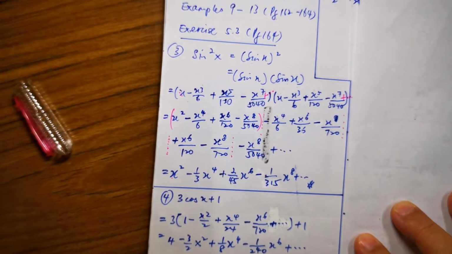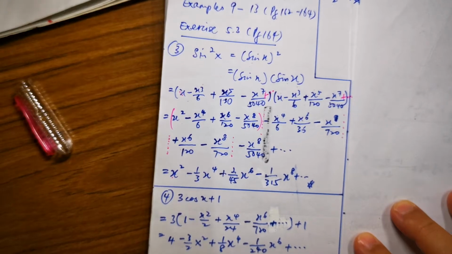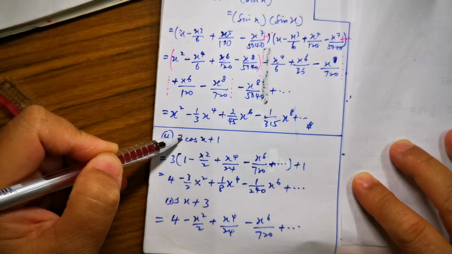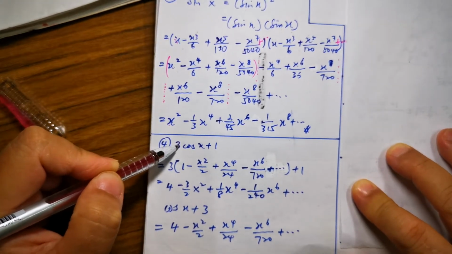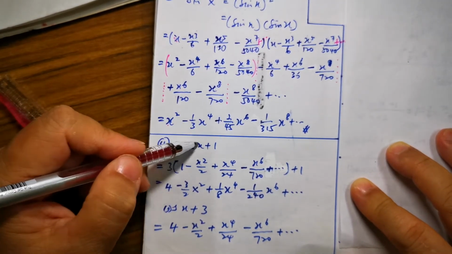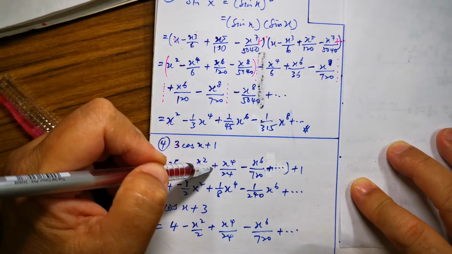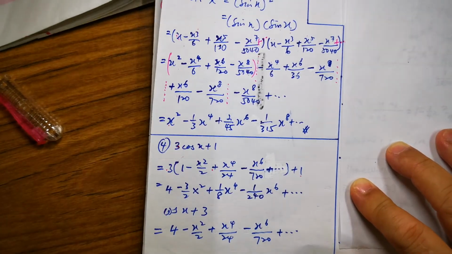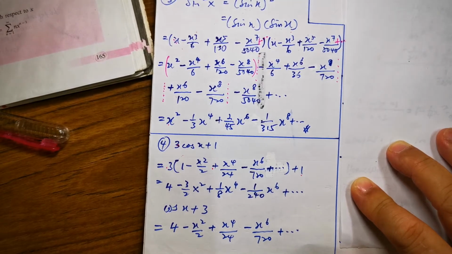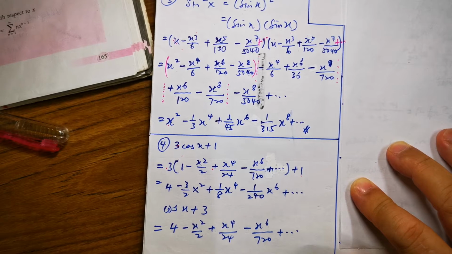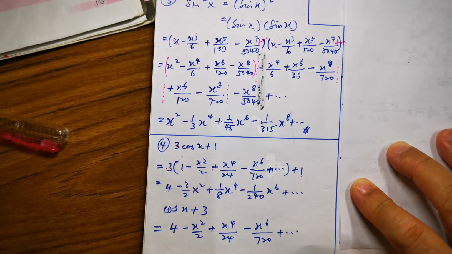So this is a division. First we look at the denominator, which is 3 cos x plus 1. So we substitute the series of cos x inside here, plus 1. For this question, they never asked us where to stop.